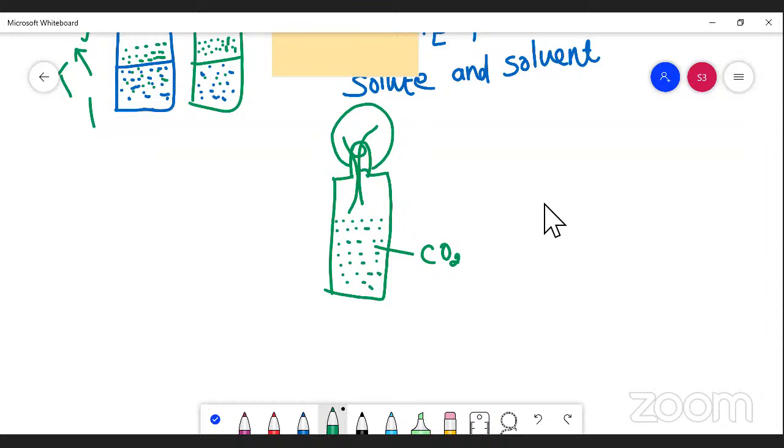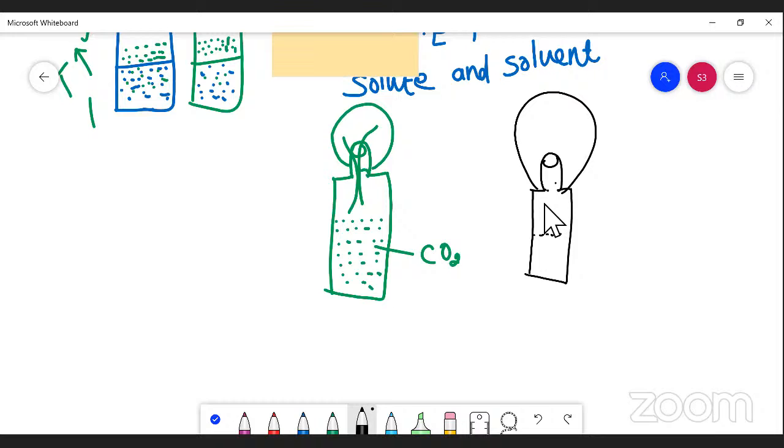The same experiment is done in hot water. You keep that soda bottle and cover it with the balloon.